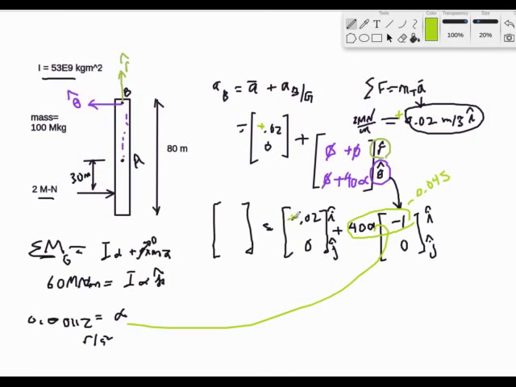It should be positive here. Obviously, the boat as a whole is going to move to the right. So this gives me positive 0.02 plus negative 0.045, so a grand total of negative 0.025 meters per second squared in the i-hat direction.